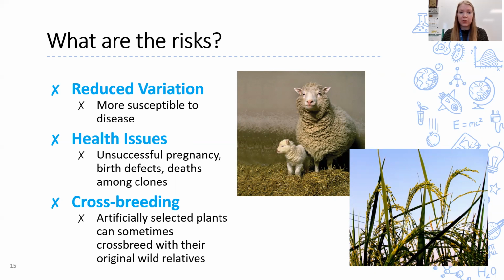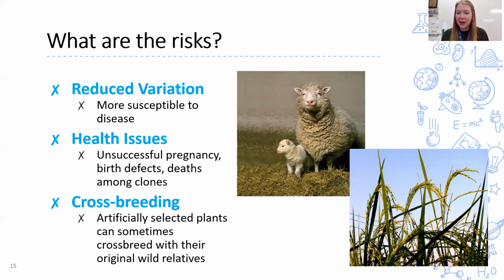And then as well with crossbreeding. So we see artificially selected plants can still sometimes crossbreed with the original old wild relatives. An example being cauliflower still being able to then breed with its wild mustard relative. But where the danger comes in here, say you have canola that has been genetically engineered to be resistant to herbicide.